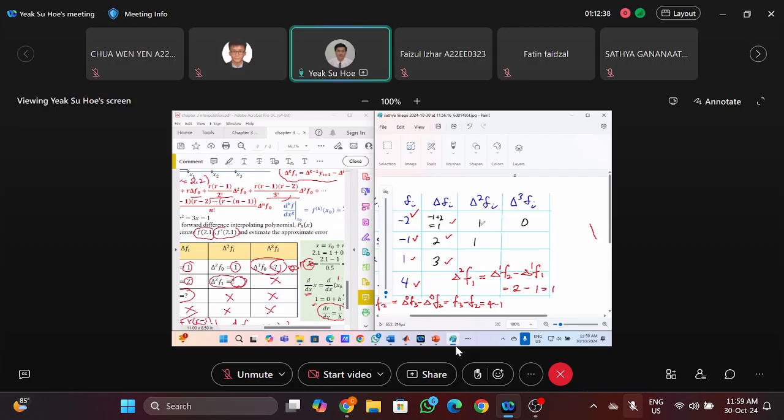Then power 3 f0 is equal to power 2 f1 minus power 2 f0, so 1 minus 1. So you get 0. So it's correct, it means that this one must be 0. Delta power 3 will be 0. So the cubic, power 3, will disappear, then you get power 2 only. Okay? So it's correct, Satya? Let me see.